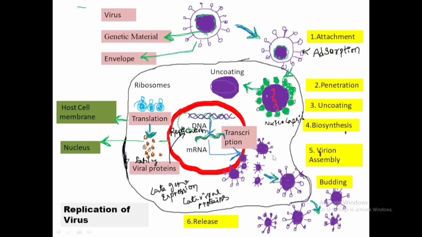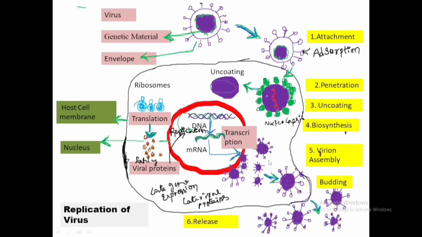First we observe capsid formation, where all capsomeres are linked together to form a capsid. Without genetic material, we see a procapsid. After that, the capsid seals the viral DNA and forms the nucleocapsid. So procapsid is different, nucleocapsid is different.